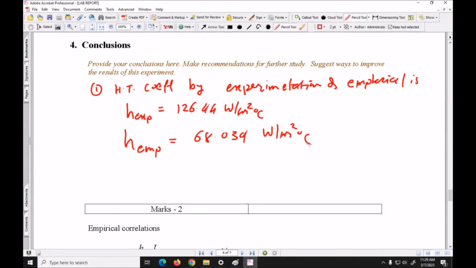So what is the difference? What is the relation between these two? Number 2, I can write h experimental is twice h empirical. So this is called local heat transfer coefficient is double. So this is the conclusion.